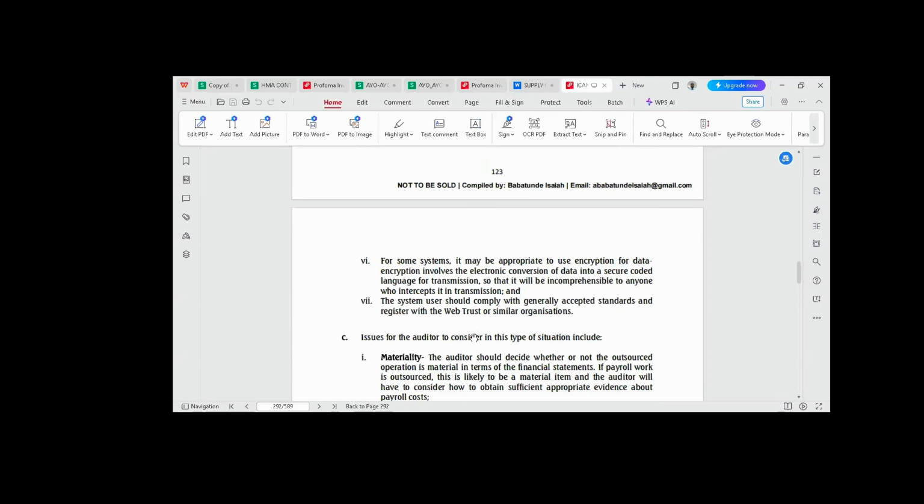What we mean by encryption is that you convert a file that can be seen into a file that can only be deciphered, only be understood by the people that are using that information.